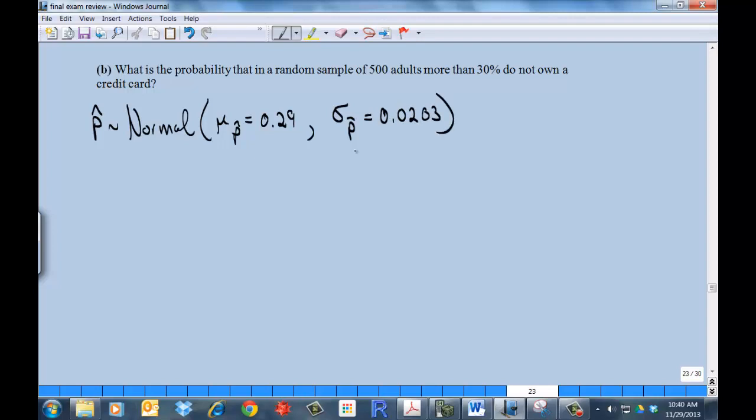And this is what we're going to use. The question is, what is the probability that in a random sample of 500 adults, more than 30% do not own a credit card.